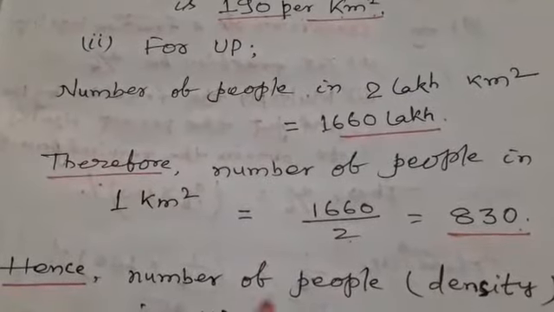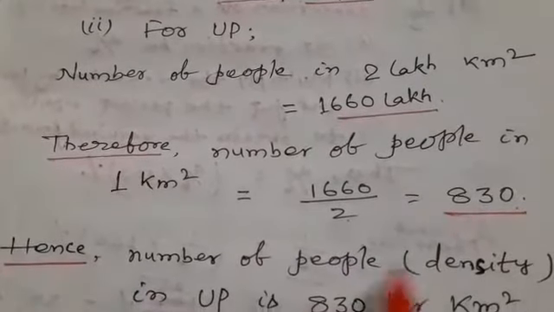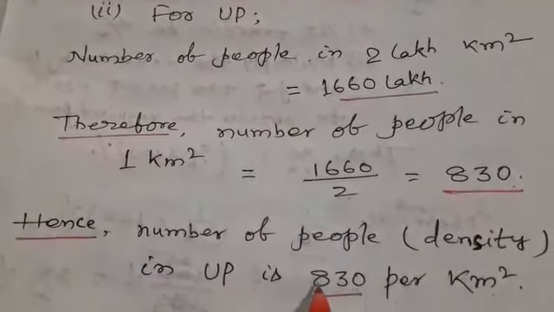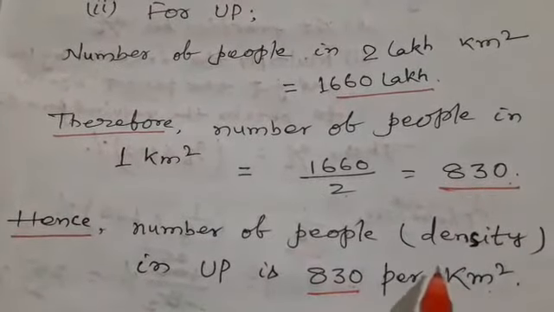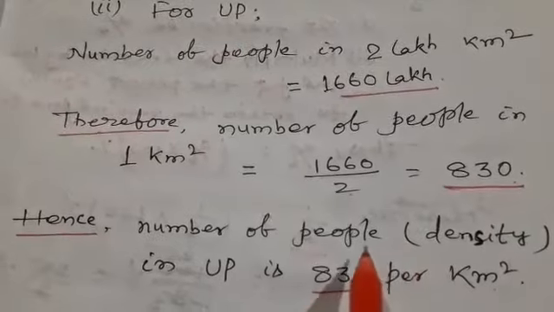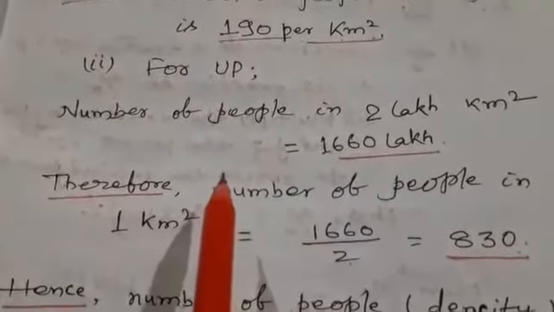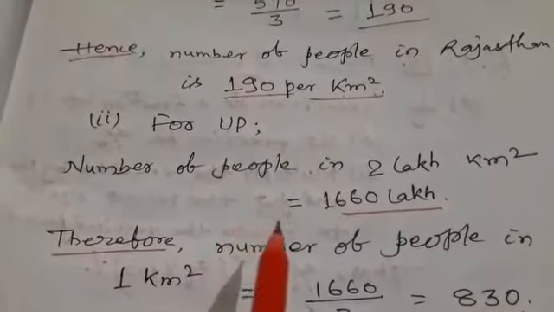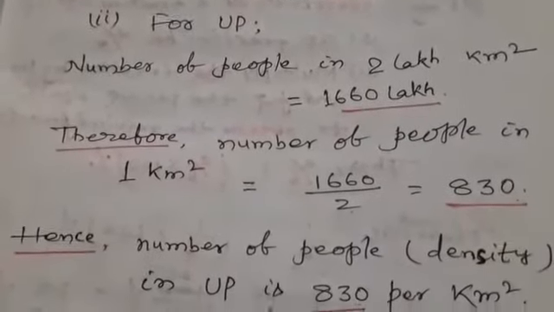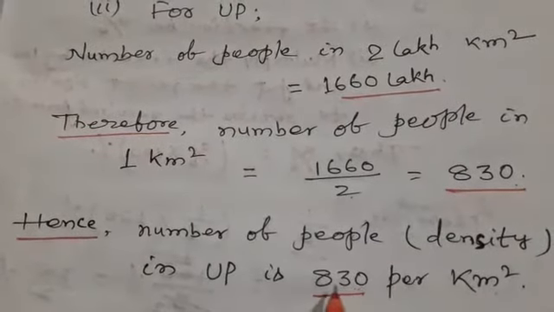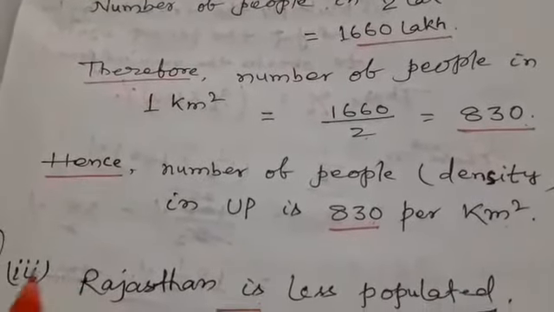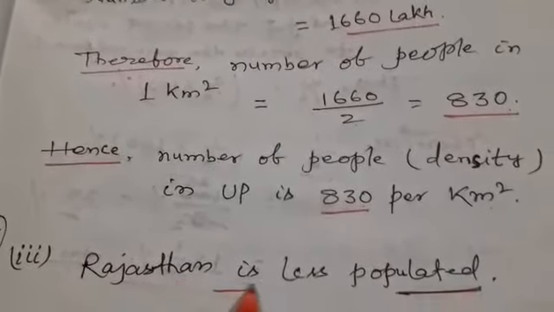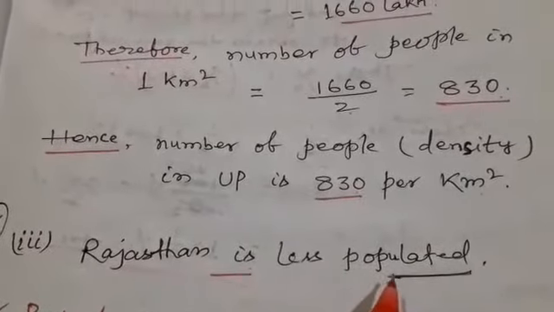Hence the number of people, that is the density, in UP is 830 per kilometer square. Dear students, here we see in Rajasthan 190 people live per kilometer square, but in UP the number of people per kilometer square is 830. So the answer of the second question is Rajasthan is less populated.